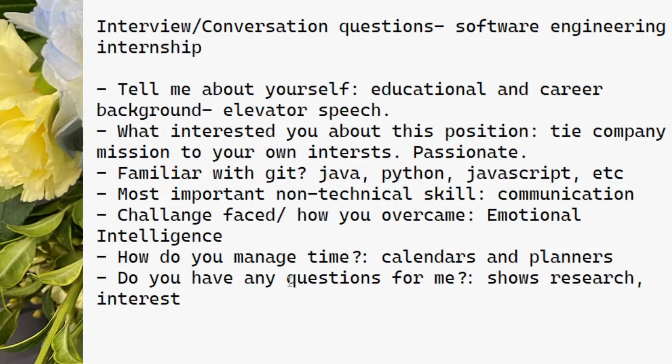And then when the recruiter asked, do you have any questions for me, I asked about the pay. And I also asked about benefits, and whether there is any timeline that has been formed, especially for internships.